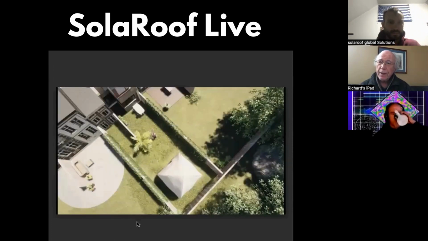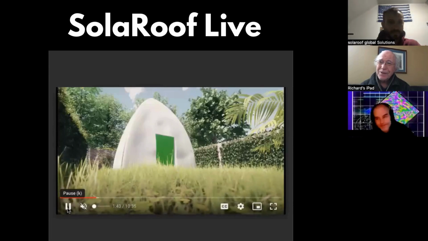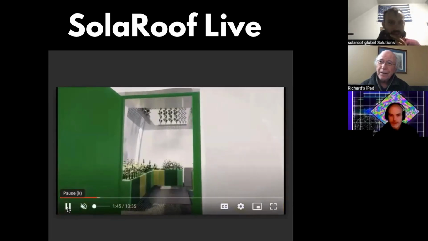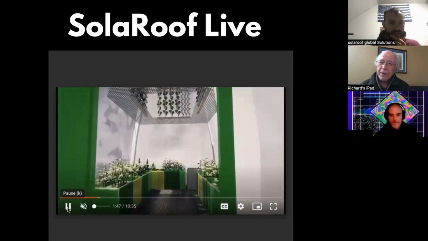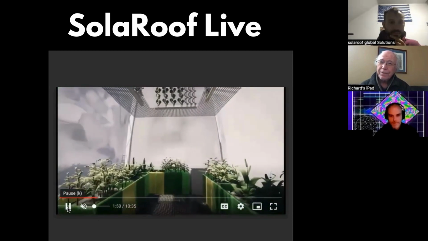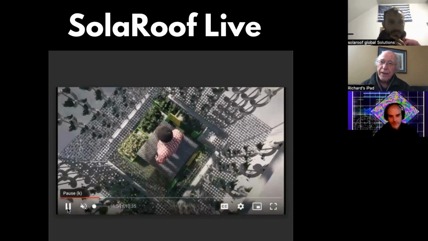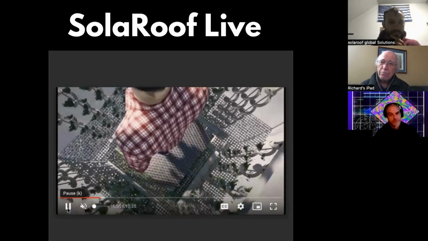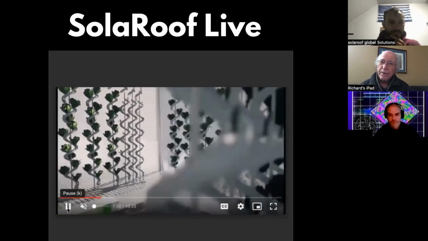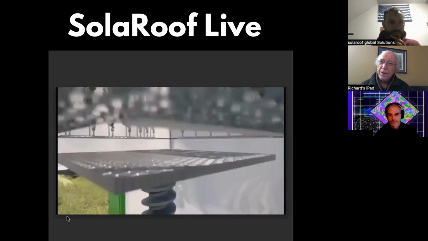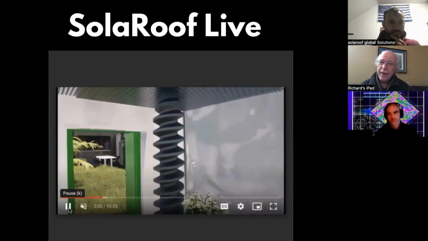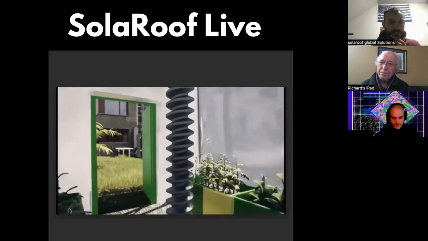Here's a backyard version. So we're also looking at small scale, because then families can grow a lot of food in the backyard. And again, it's using the same kind of technology. We create a vertical space, so we're going up and down to access it, to have more space.